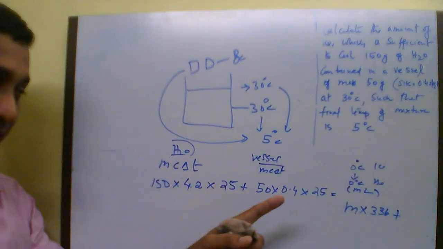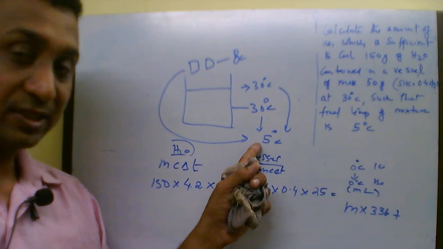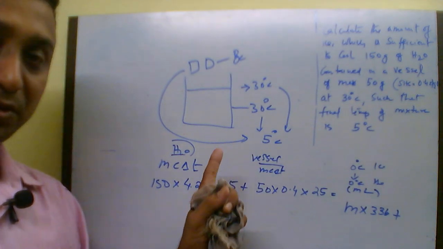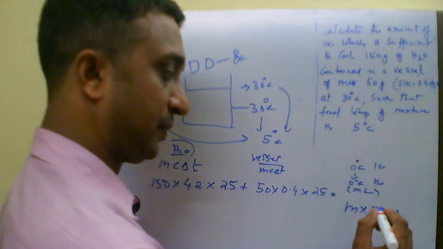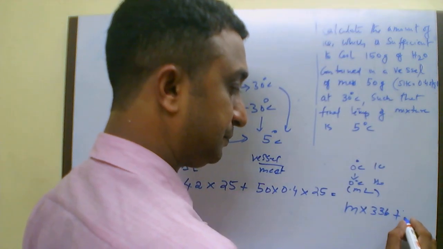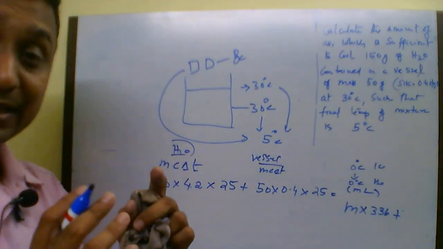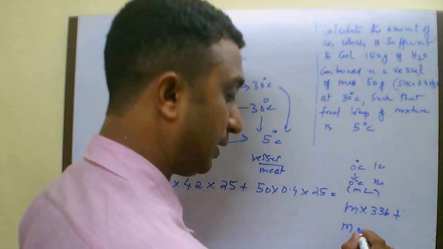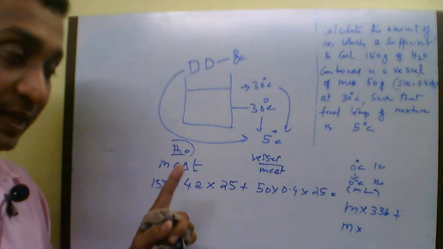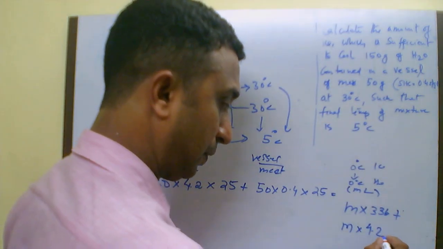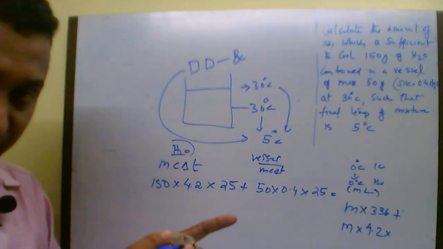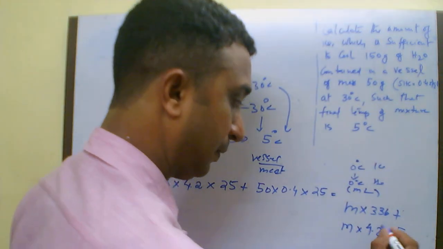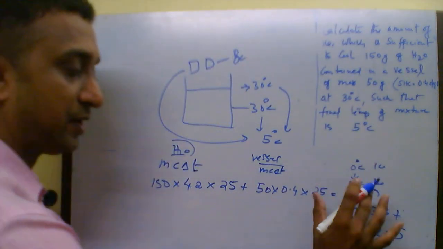Now water at 0 degrees Celsius reaches 5 degrees Celsius. So which equation do you have to use? mc delta T. Again, how much ice has melted into water we also don't know, so again you have to write m there. m into c, which is 4.2, and delta T is from 0 to 5, so it is 5.